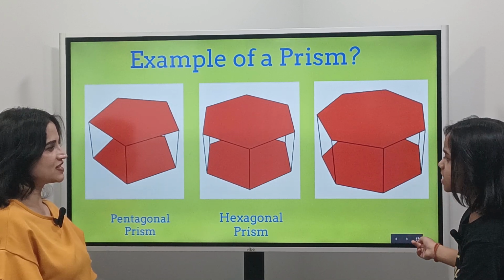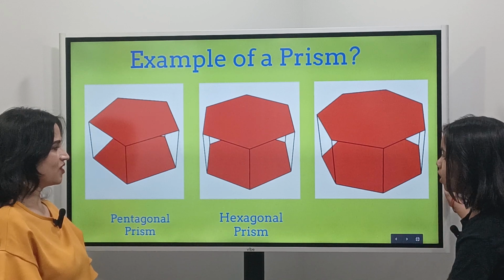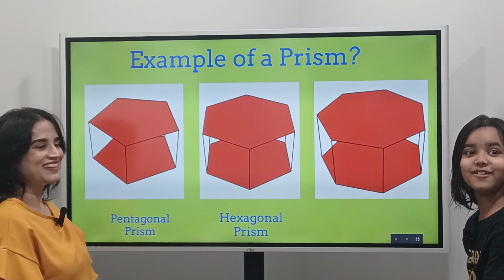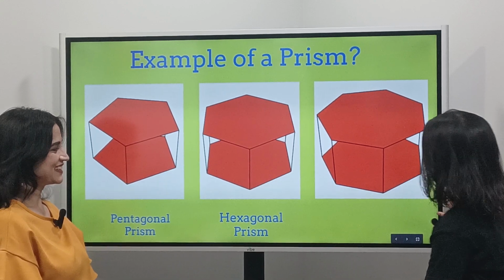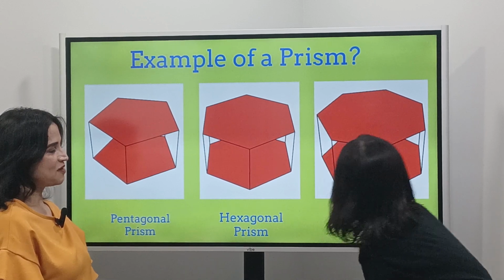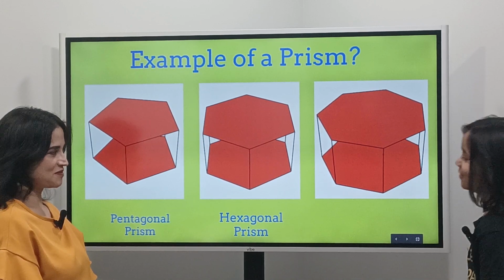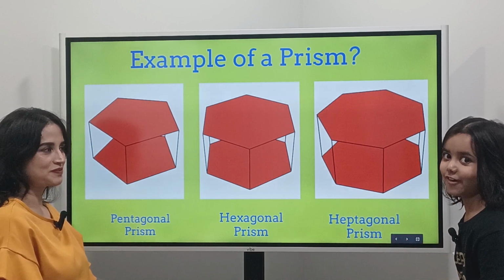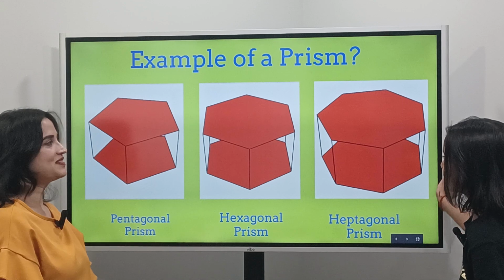Heptagon. Yes, it's a heptagonal prism because it has 7 sides. And then 8 is an octagon.